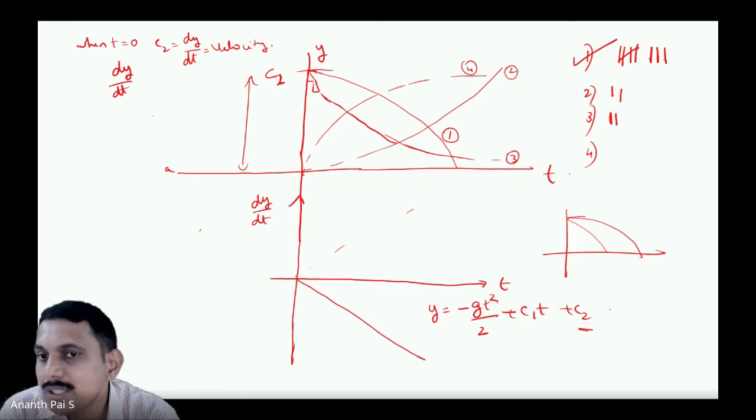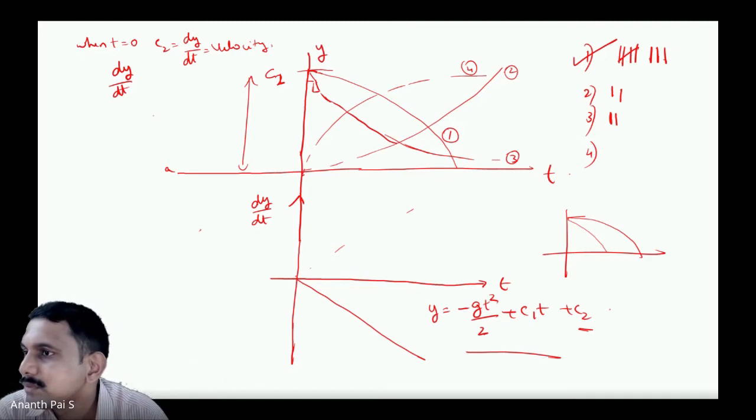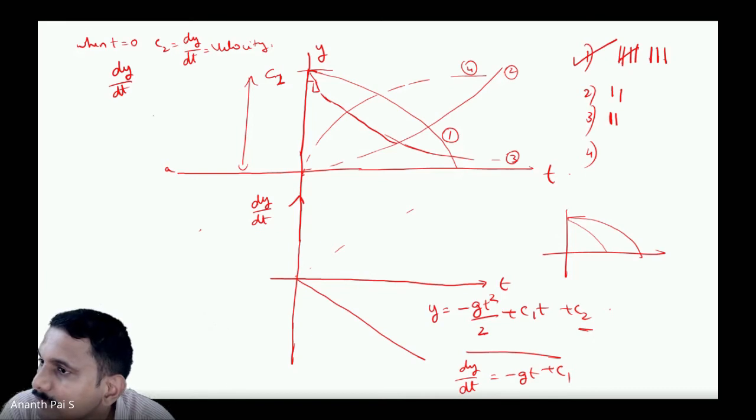That's how we have to get it. But this curve itself will suggest that. Why? Because this curve, when you consider dy by dt, what you will get dy by dt? Minus gt plus c1. What is gt? You get minus here. That means change in velocity, change in position.